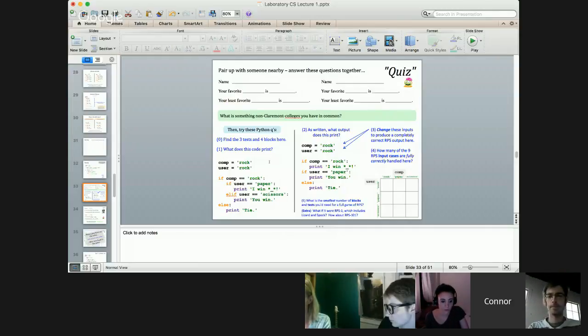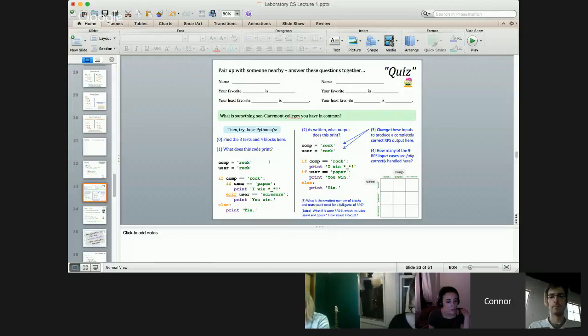Well, it's taking these instructions, rock, going to print this. Well, the question is, we want to change the inputs.